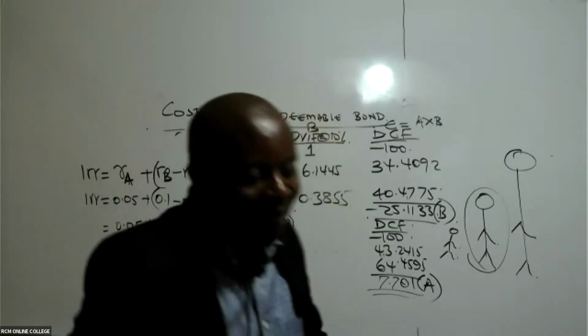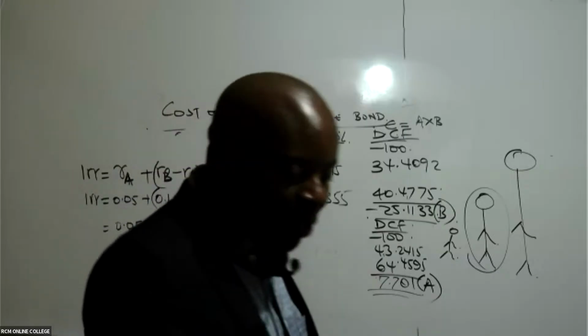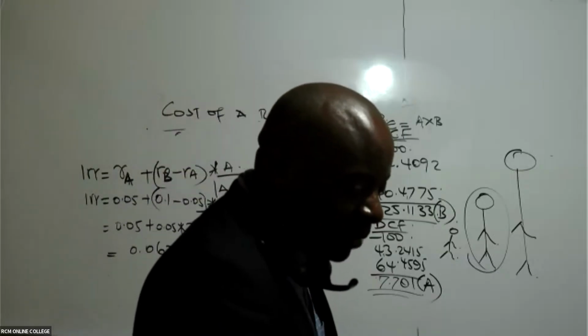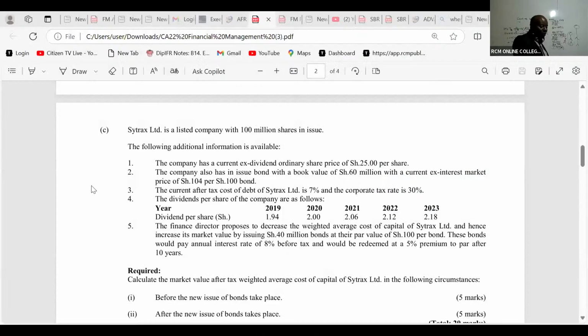All right. So then this is okay, but remember what they want us to do. This examiner was a great examiner. What this examiner wanted my students to do was to come here and calculate the WACC in the following circumstances, after now the issue of the bond.